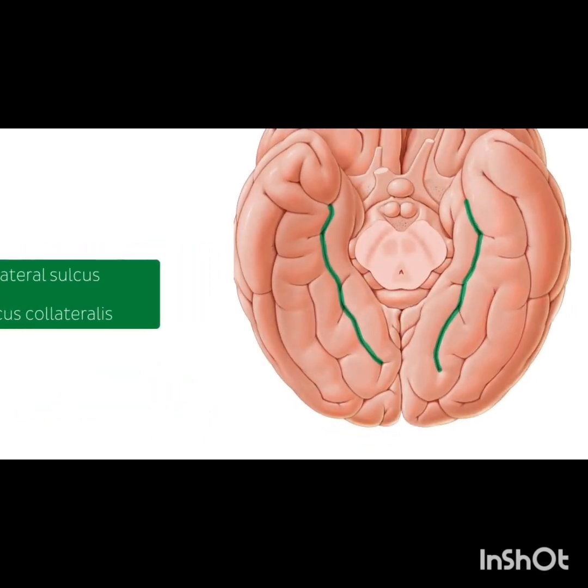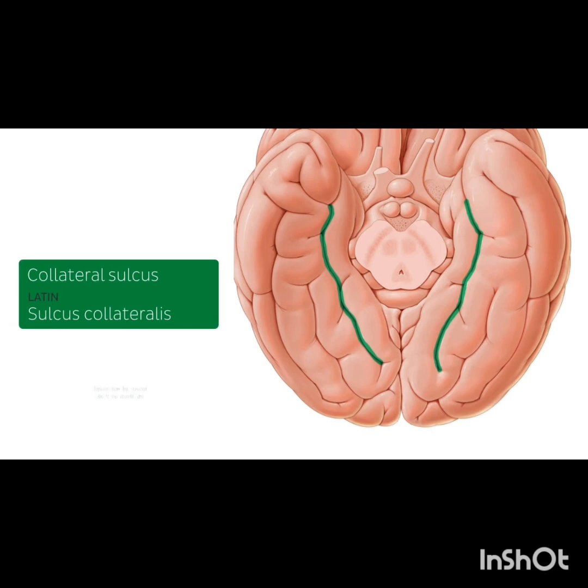This is the collateral sulcus, which extends from the temporal lobe to the occipital lobe. It is bordered by the lingual gyrus postero-superiorly, and it lies between the parahippocampal gyrus and the medial part of the fusiform gyrus anteriorly.